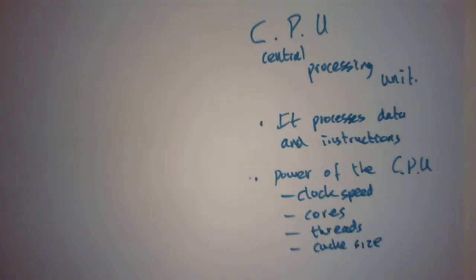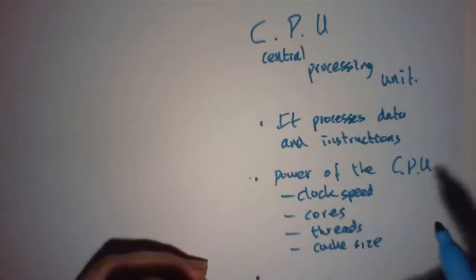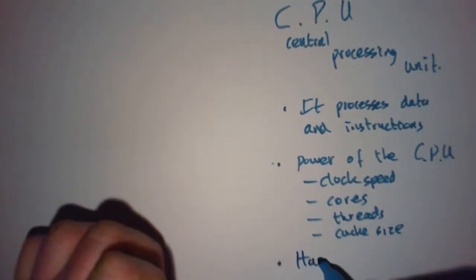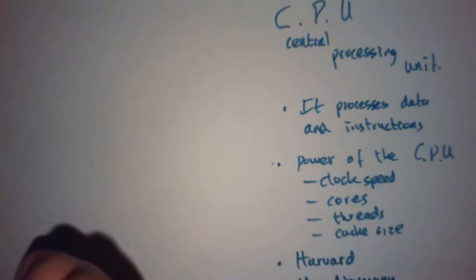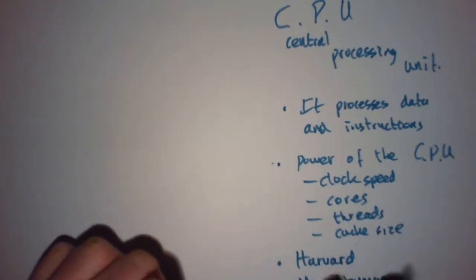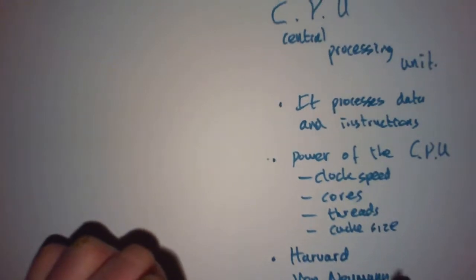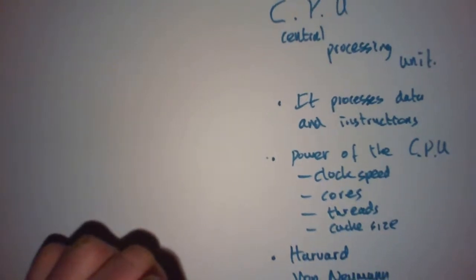There are two types of architecture that are commonly associated with CPU. One is called the Harvard model, and the other one is called the von Neumann model, after John von Neumann, and I've talked about him a good few times. He's one of my heroes, for want of a better word.